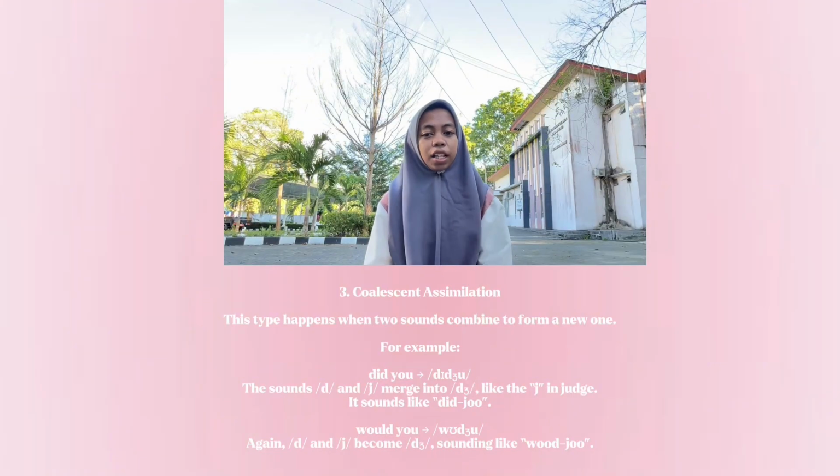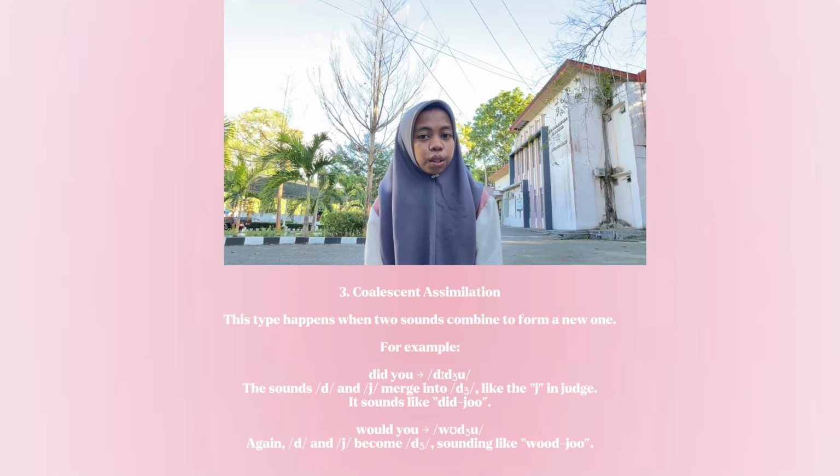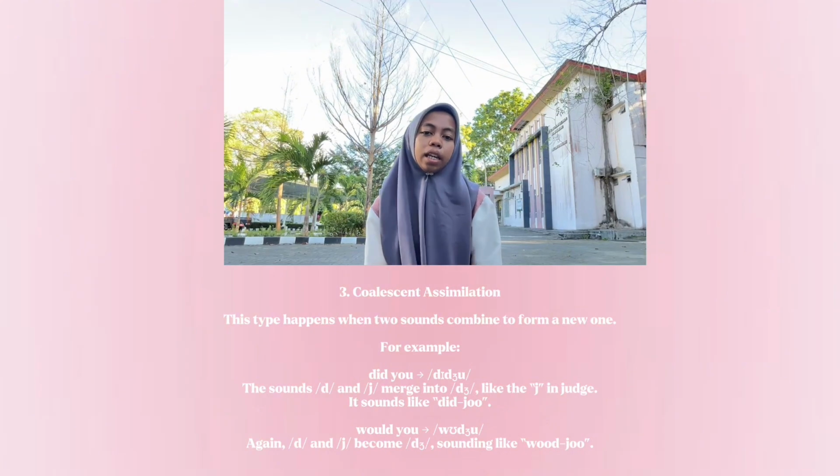And the last type is consonant assimilation, which means this type happens when two sounds combine to form a new one. For example, did you, the sounds D and J merge into ch, like the J in judge.